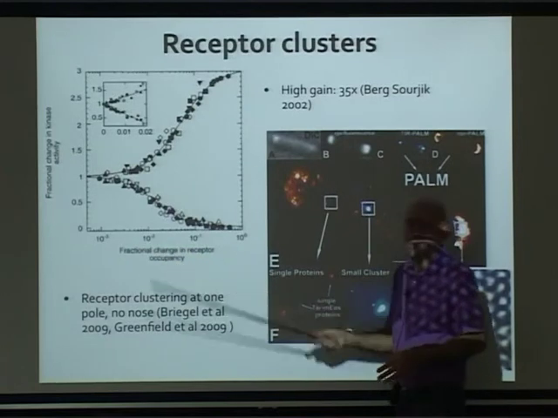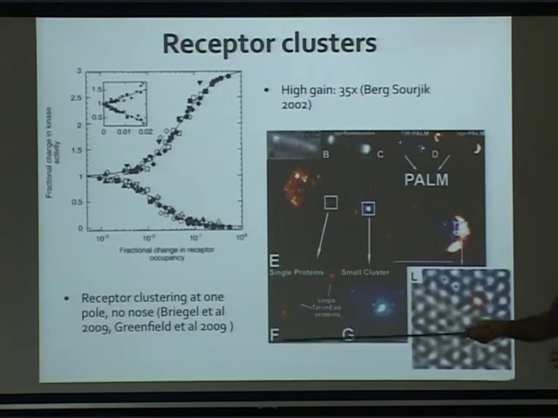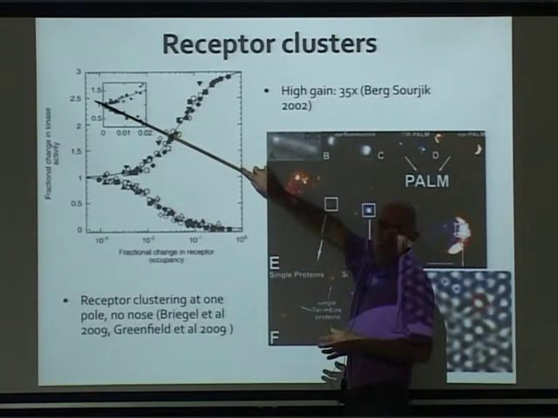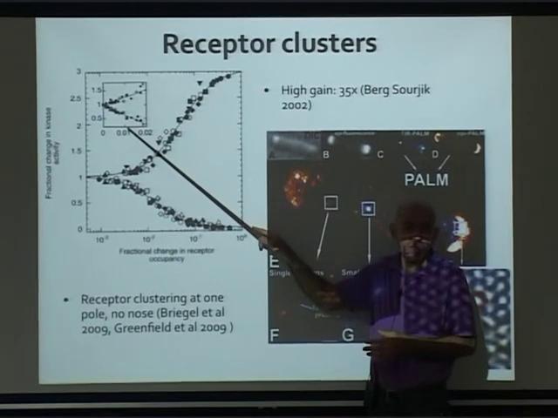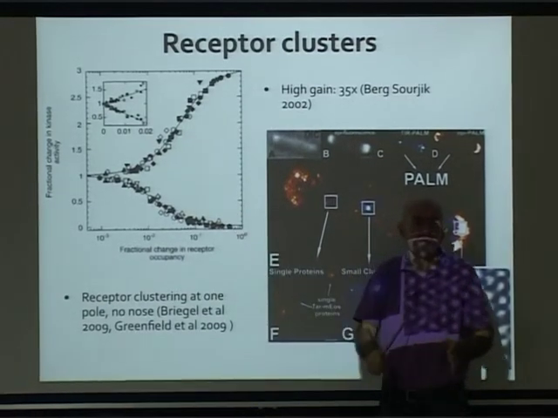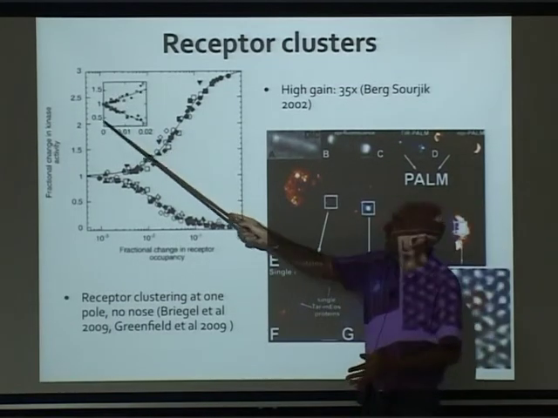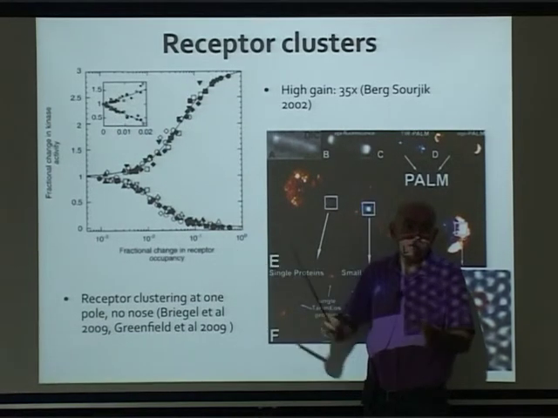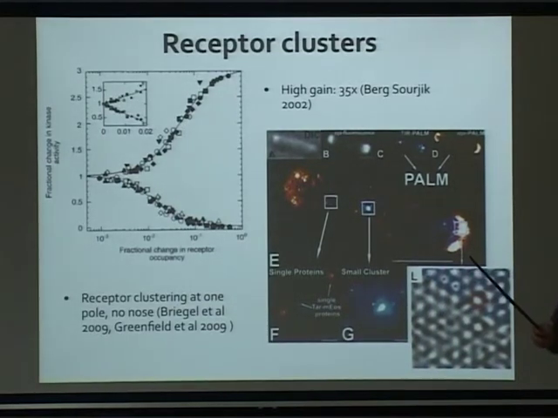The fractional change in receptor occupancy is a measure of how many ligands you have in your environment. And the constant of proportionality that is here is 35, which means that 1% change in fractional occupancy of receptors, so you change from, say, 50% receptors occupied to 51%, will translate in the behavior changing by 50%. Inside the cell, it means that the level of active kinases doubles. It's enormous amplification already at this step.